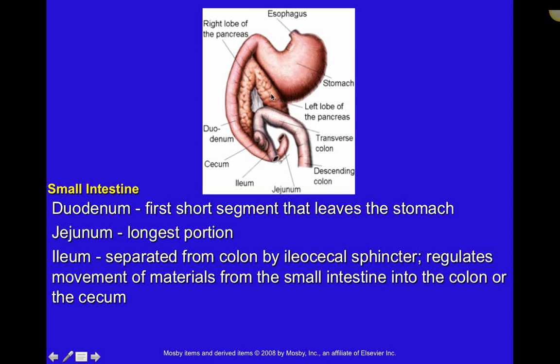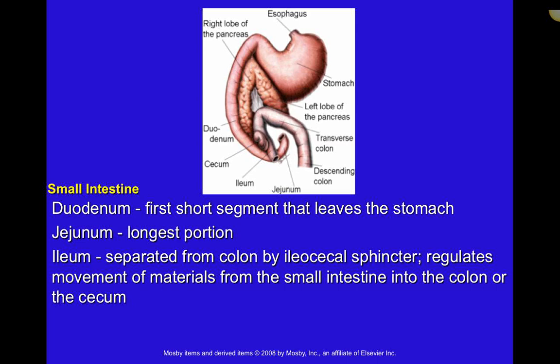So if we didn't have the pancreas, the stomach would be dumping hydrochloric acid directly into the duodenum. The duodenum does not have enough mucus production to protect it from the hydrochloric acid, so it would eat through all the mucosa and the submucosa and burn it, essentially. So the pancreas secretes bicarbonate into the duodenum to help neutralize that acid.